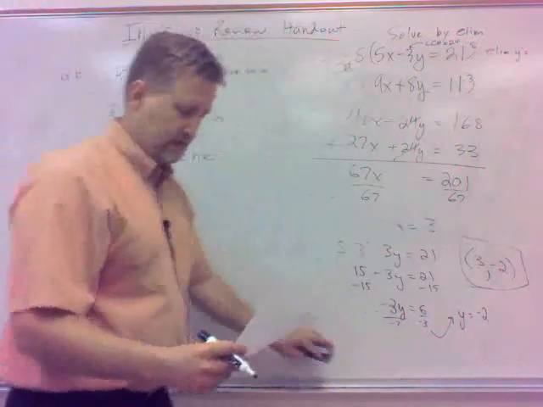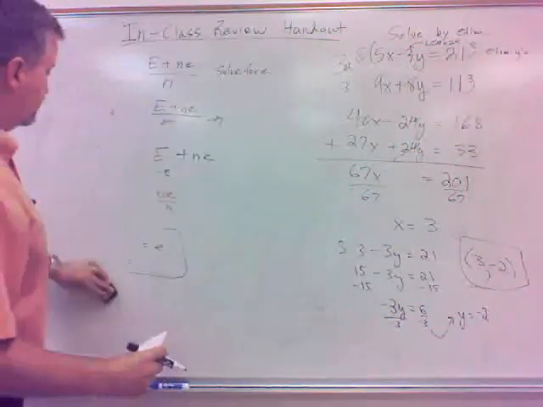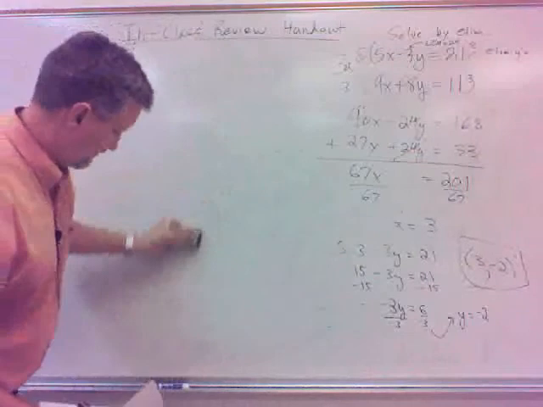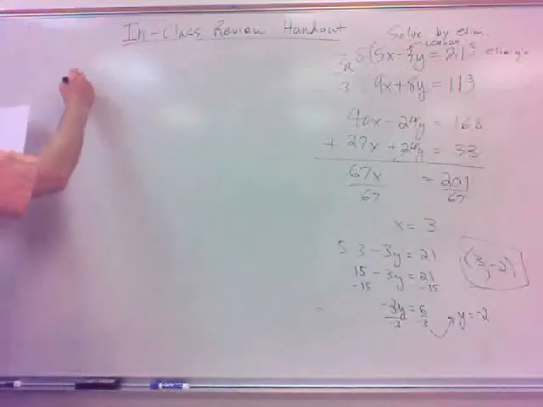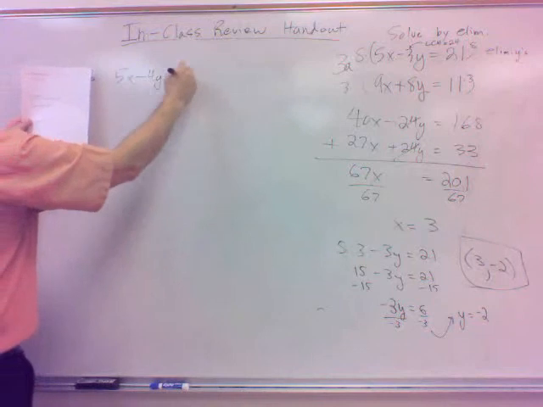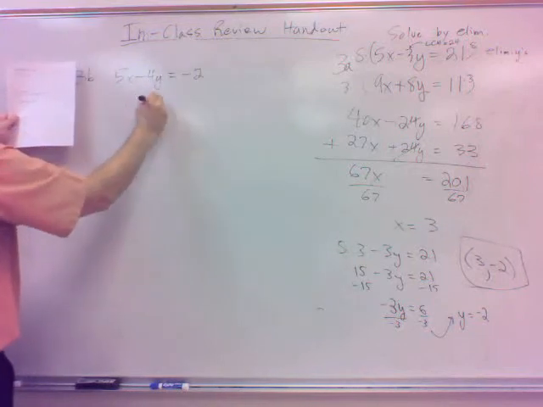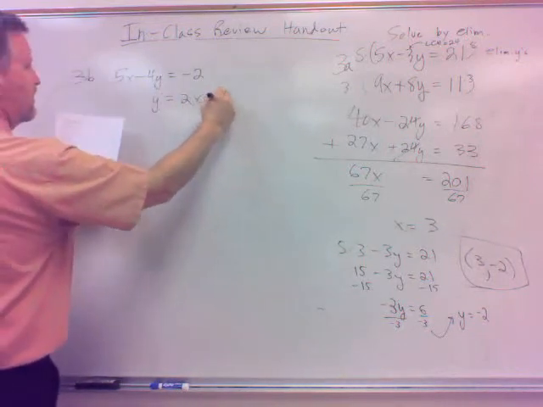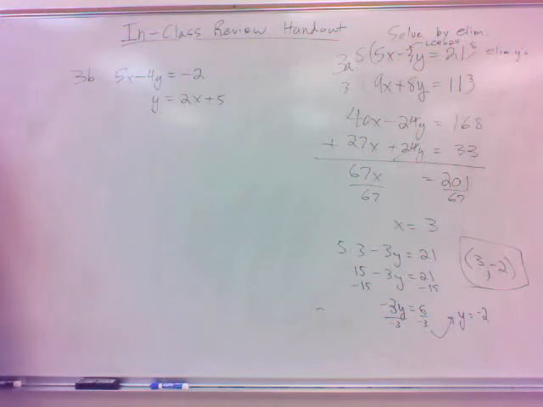All right. Let's write it up here first. 3b is 5x minus 4y equals negative 2, y equals 2x plus 5. This one's more set up for substitution, isn't it?